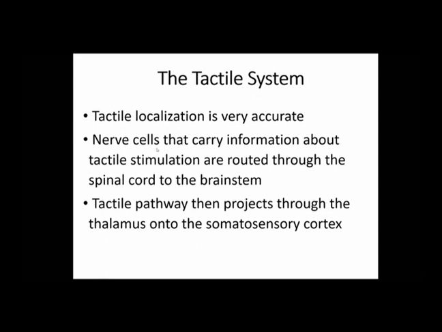And so all of our different types of nerve cells that are carrying this tactile stimulation information are going to be routed through our spinal cord and into the brainstem along our pathways that we talked about back in the chapter about our nervous system. And so these tactile pathways project through our thalamus into our somatosensory cortex.